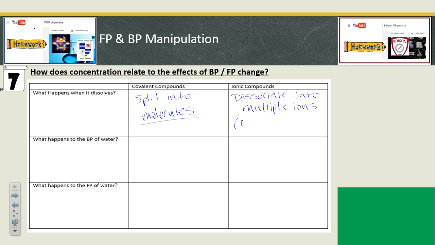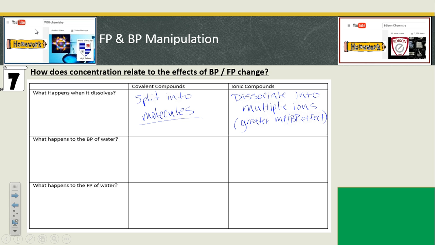So this has a greater MP-BP effect than the covalent compound. So fact to remember, ionic compounds affect the melting point and boiling point of water much greater than covalent compounds do because they split into multiple ions.